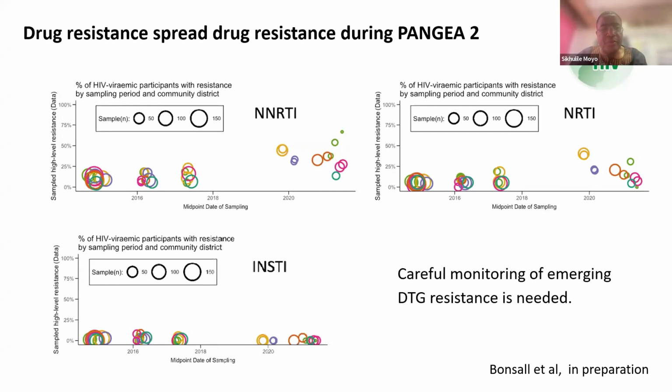Before the era of DTG, we saw an exponential increase in some of our communities in Zambia, which is very important. Now, within the era of DTG, it means that we really need to be carefully monitoring the emergence of drug resistance, especially to DTG. We have preliminary data from some of our studies in Uganda, for instance, showing some early signs of possible increasing drug resistance to DTG. Thank you.